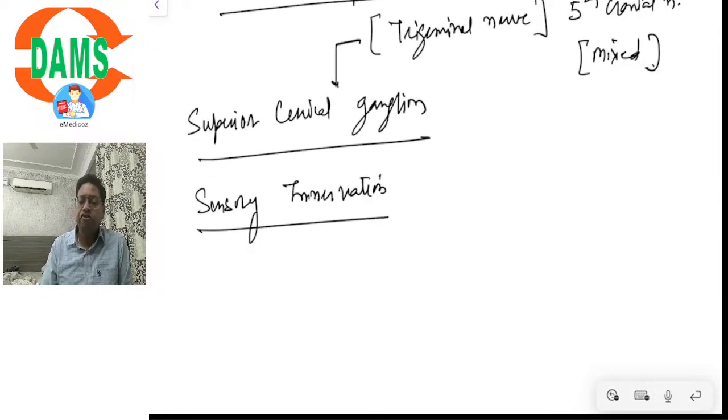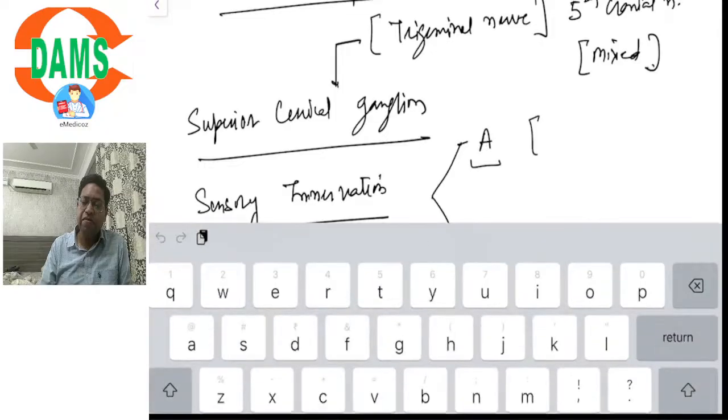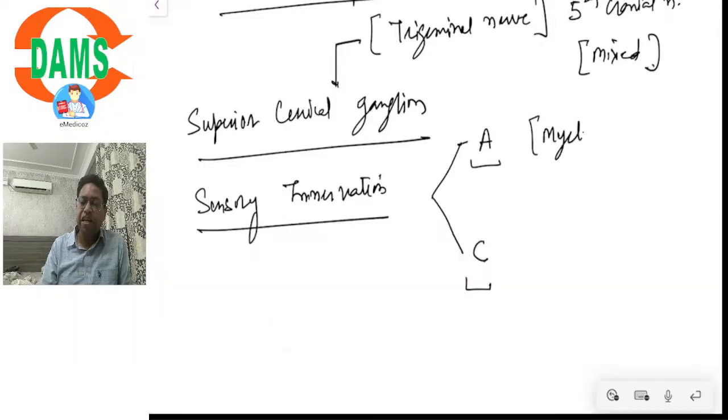The sensory innervation consists of two types of fibers, the A fibers and the C fibers. I'm talking about the innervation of dental pulp, which is derived from the trigeminal nerve. The A fibers are myelinated fibers, and C fibers do not have a myelin sheath, they are non-myelinated.